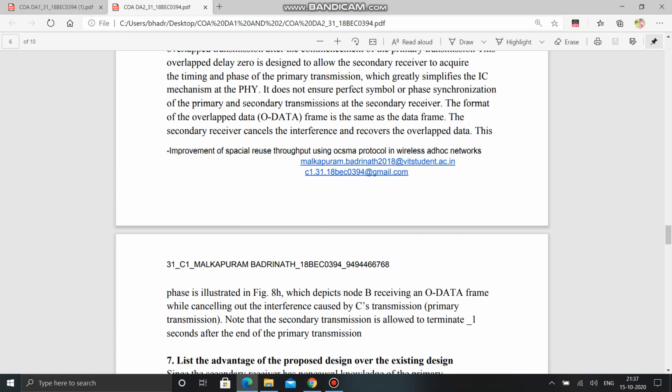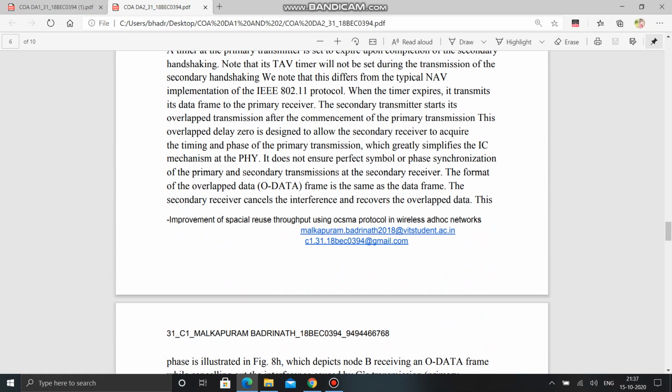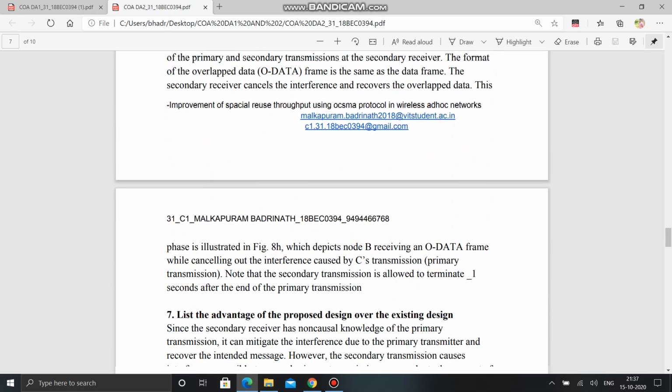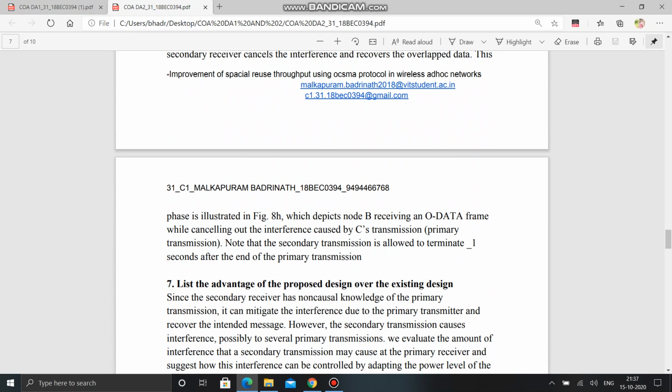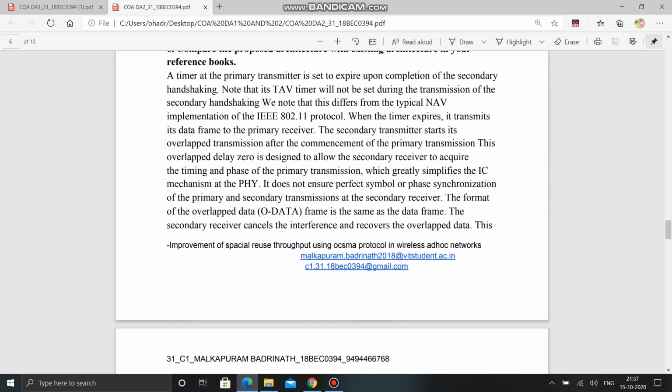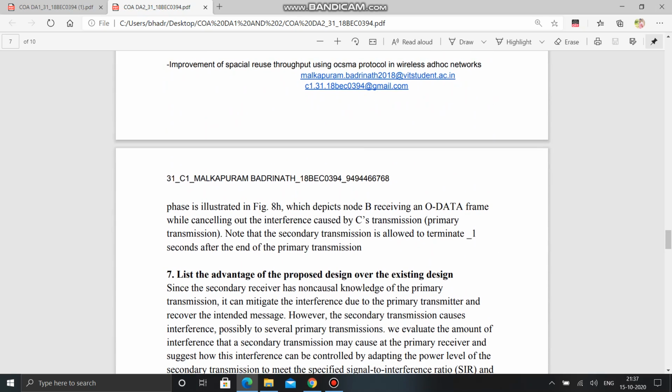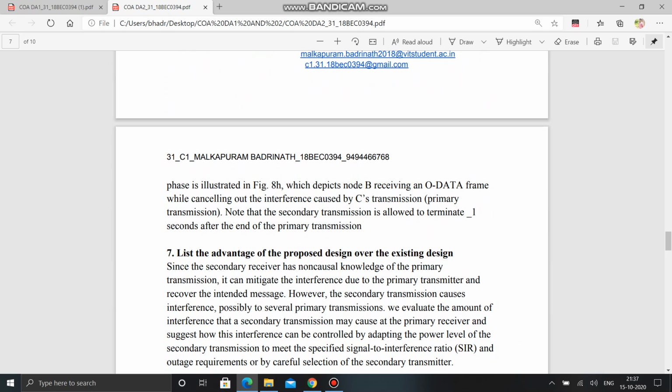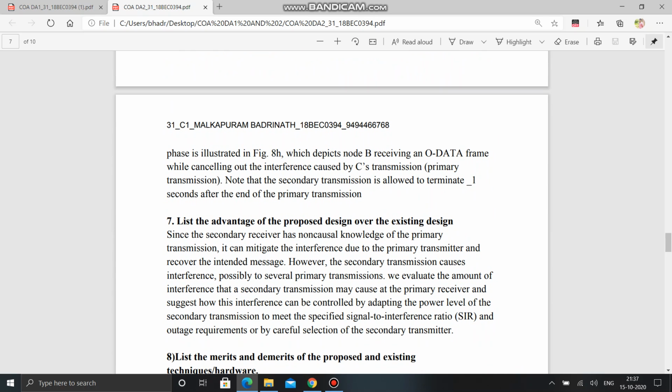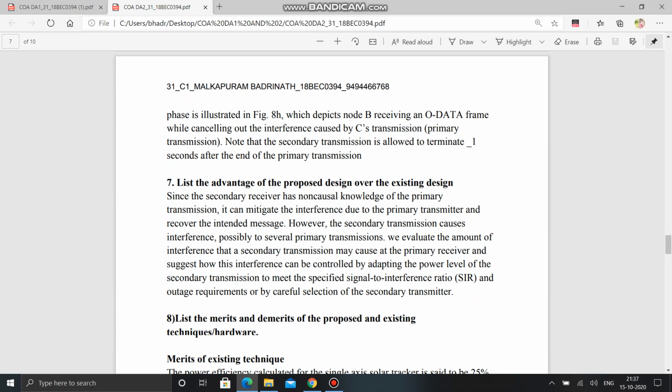This improvement of spatial reuse throughput using OCSMA protocol in wireless ad hoc networks is illustrated in figure 8, which depicts node B receiving an overlapped data frame while cancelling out the interference caused by the primary transmission. Note that the secondary transmission is allowed to terminate one second after the end of the primary transmission.